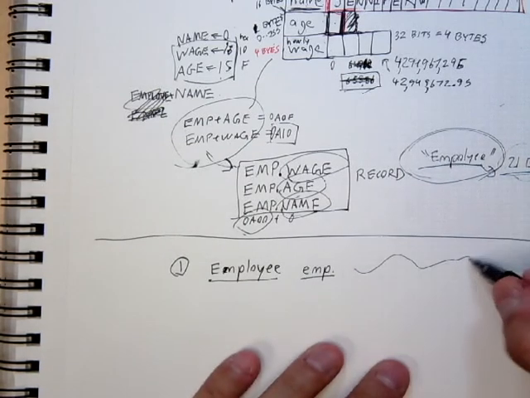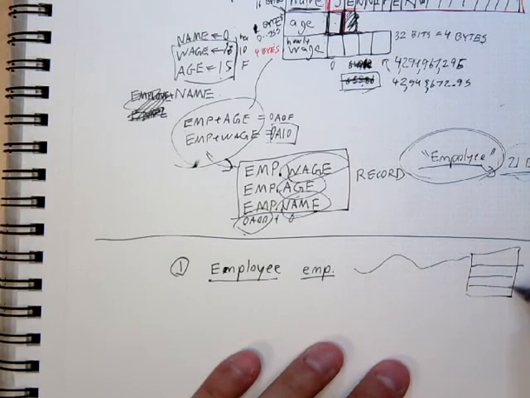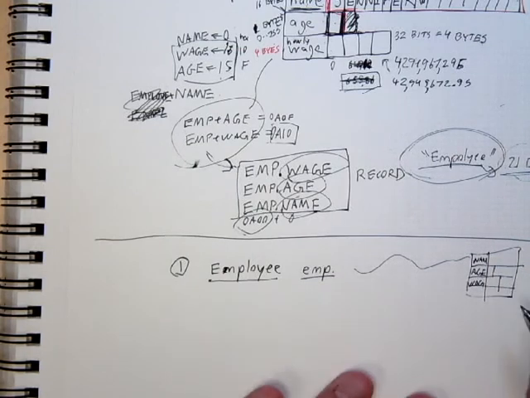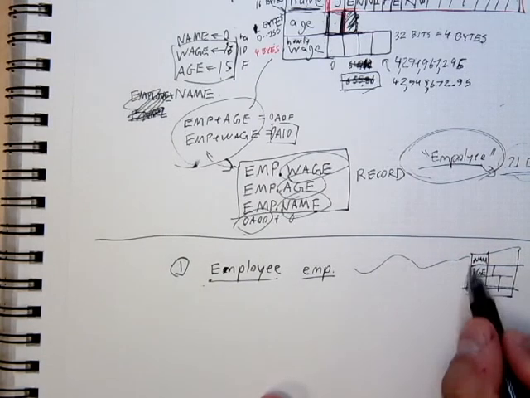And the assumption is that out in memory somewhere, you're going to construct this record that has a name, age, and wage that are of the appropriate sizes, right? All you have to do is write that, and it implies that you've gone out and allocated this much space.